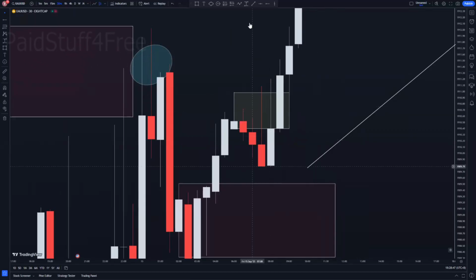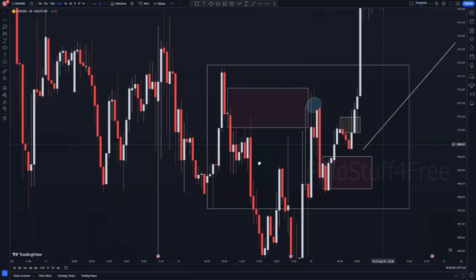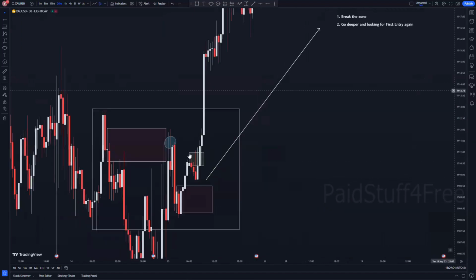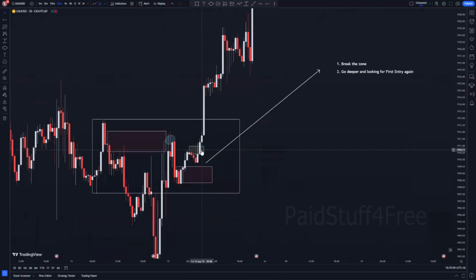So when the price gets into the zone, and inside of the zone there was no confirmation entry, of course the price is going to go up. And after 30 minutes, a candle closed, and look over here, the price closed as an opposite engulfing failed. Like I said just now, when the price creates an opposite engulfing failed, two things can happen.